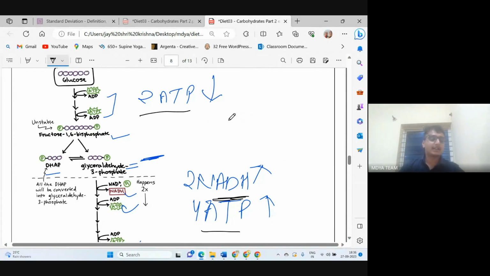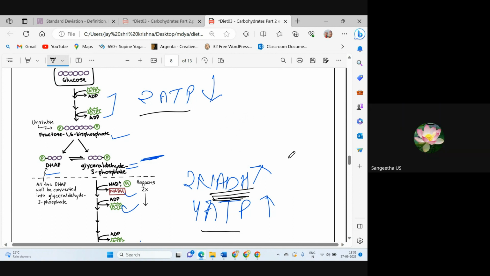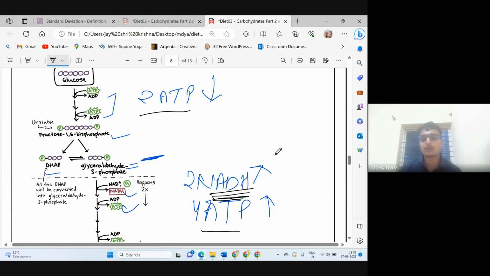So now, as I told you, 2 NADH are being converted into ATP in which step? Fourth step, yes, oxidative phosphorylation. But that step needs oxygen. And in this condition, our body doesn't have enough oxygen. Then what will happen?